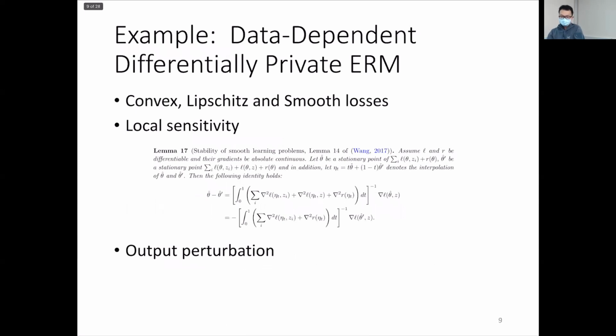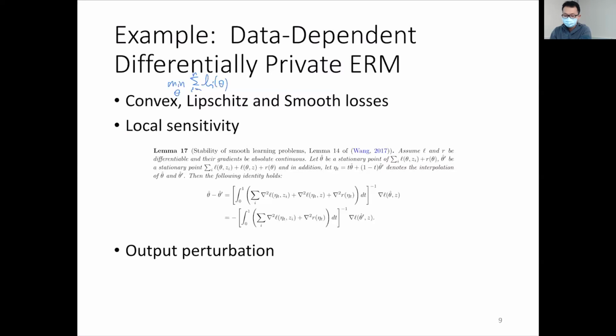Okay, as an example, let's take a look at differentially private empirical risk minimization again, and this is something that we are already somewhat familiar with, since we spent 5 lectures on this. The problem is that we want to minimize the sum of these individual loss functions, and each one of them comes from a particular data point, right?